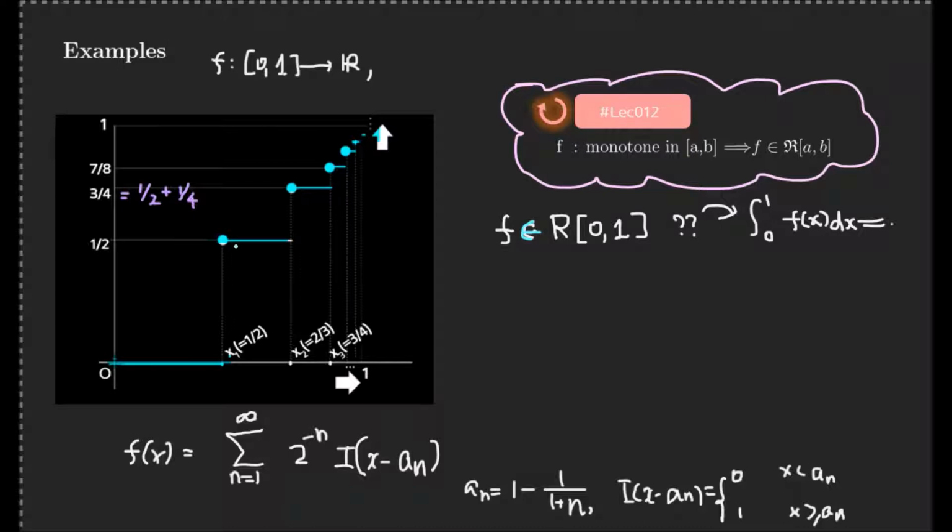The value is, as we intuitively thought, the area under the plot here. Important point, however, is that even though this is integrable because of the monotone function, it has very many discontinuous points.